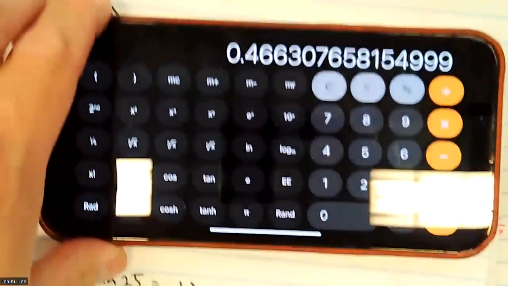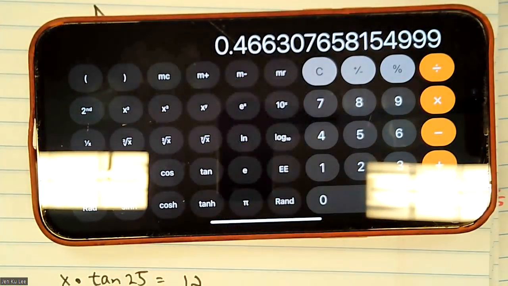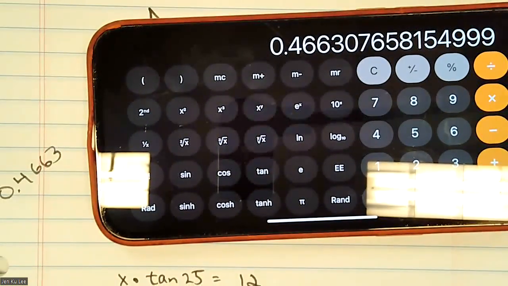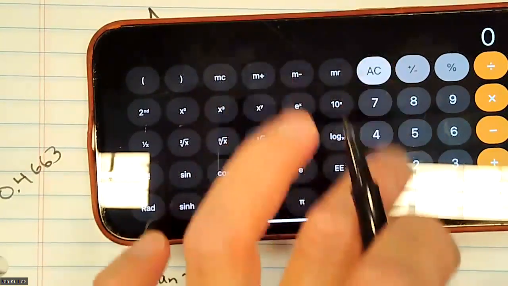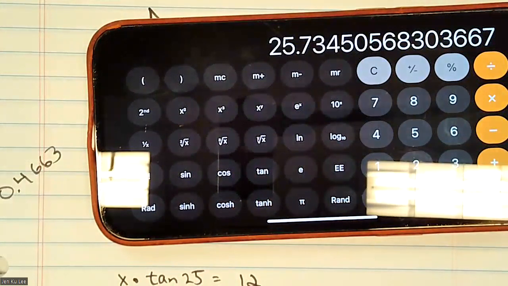And what we do with that number, to 4 decimal places, just write it down somewhere. I'm going to write down 0.4663. Okay, I wrote it down on the side. And let's go 12 divided by 0.4663. And that number is actually really close to what we had.